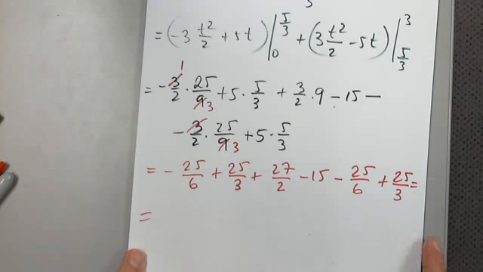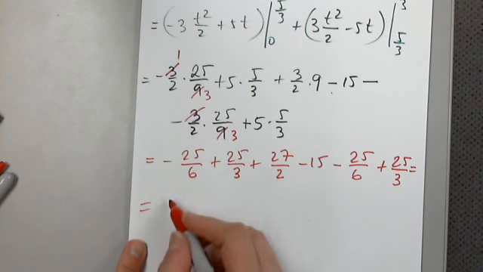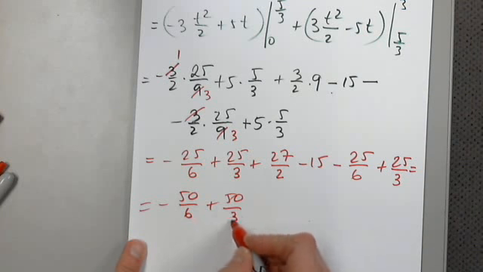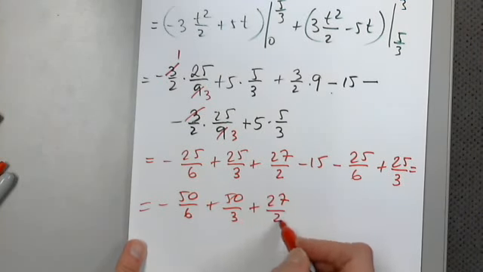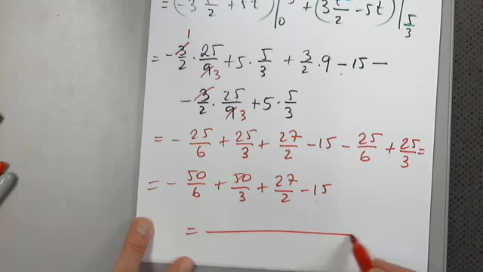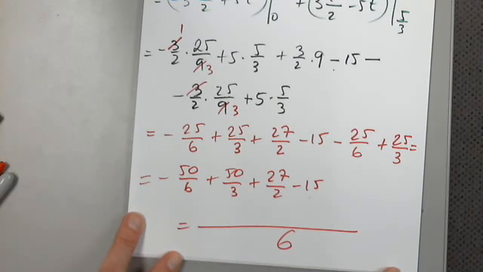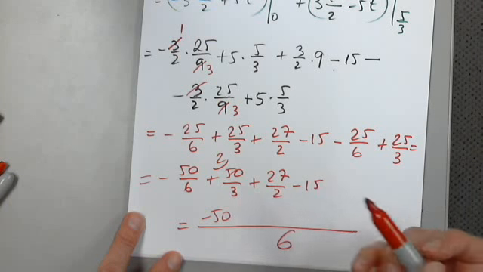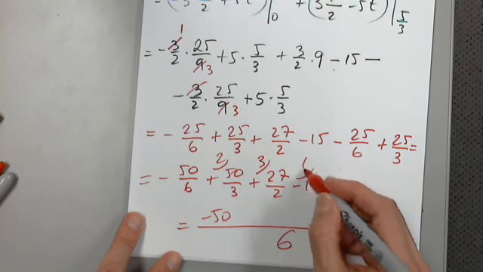Very nice, nothing cancels. So this is negative 50 over 6, and this is plus 50 over 3, plus 27 over 2 minus 15. Okay, the least common denominator is 6, negative 50, I need a 2, I need a 3, and I need a 6.